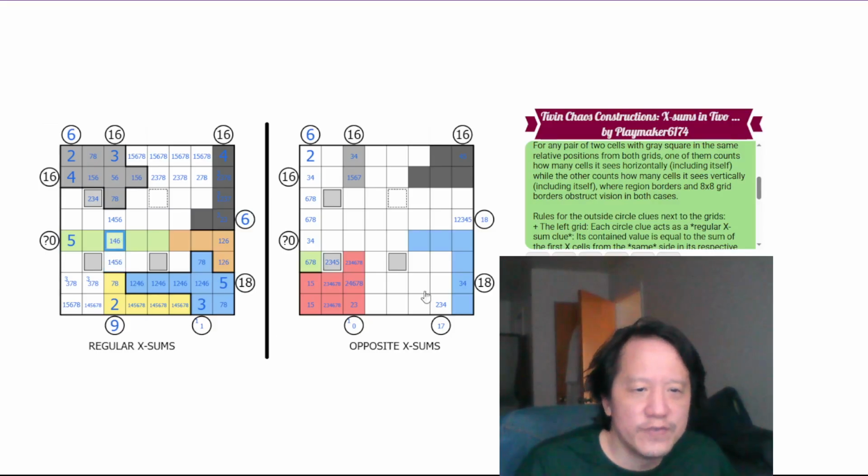No 5 there. Orange can only get to here. 1, 2, 3, 4, 5, 6, 7, 8. We have 3 more that could be yellow, 3 more that could be green. Yellow has to get to here because green can't reach there.